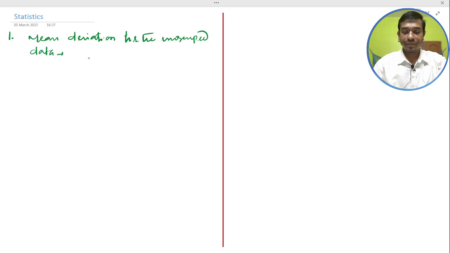Suppose x1, x2, ..., xn are the given n observations.